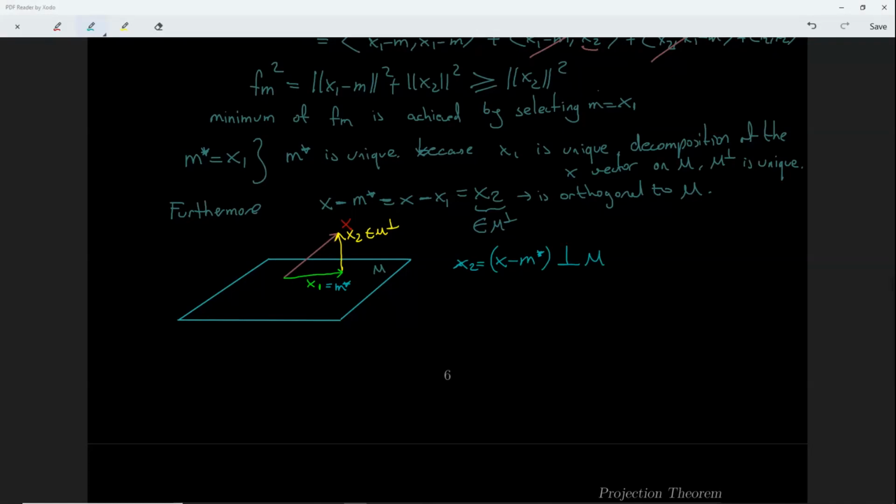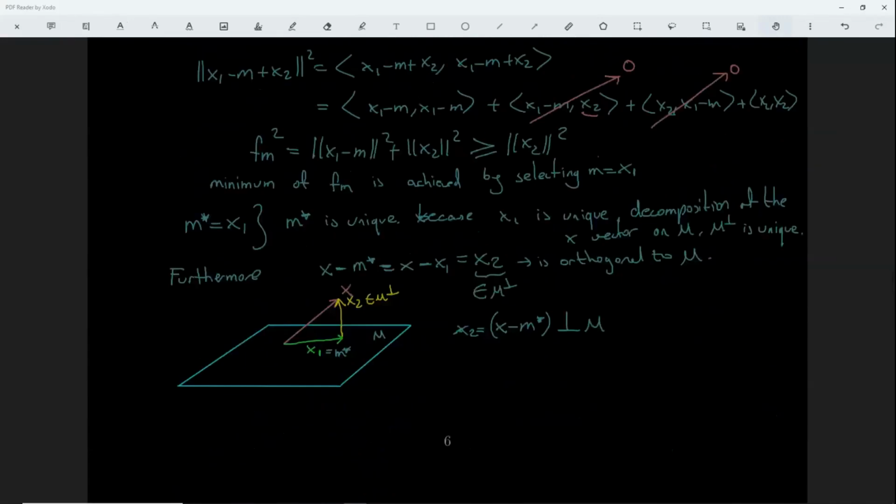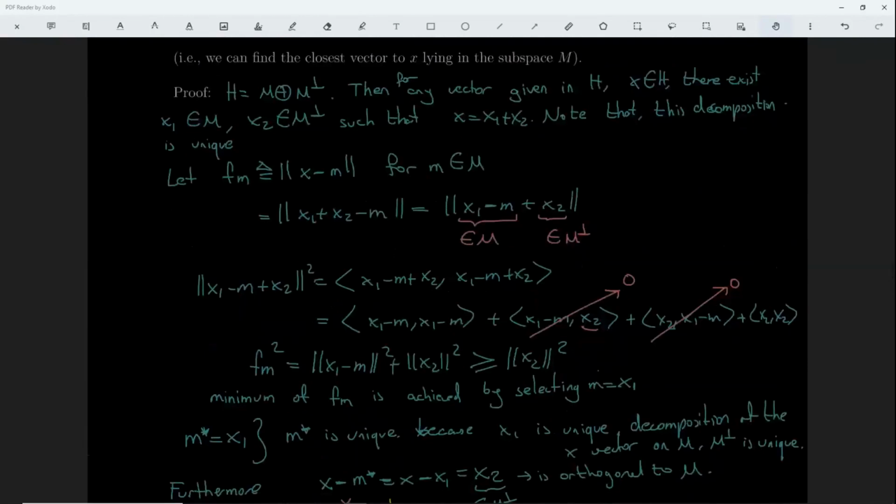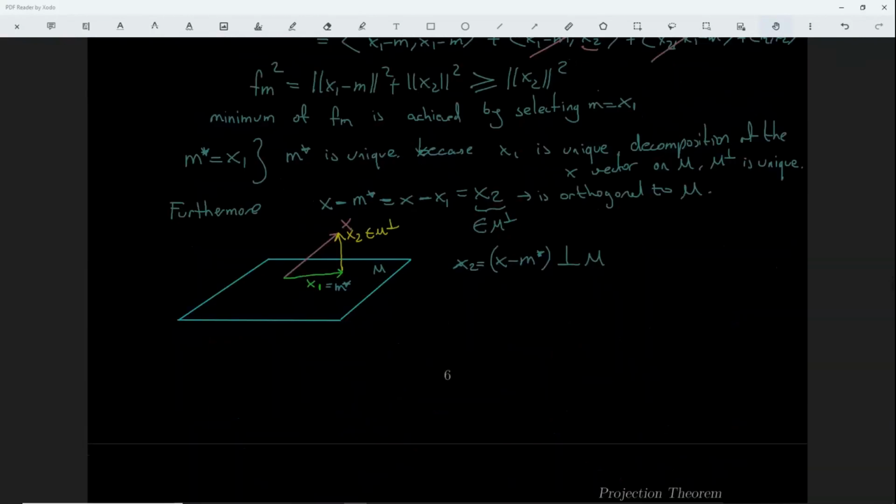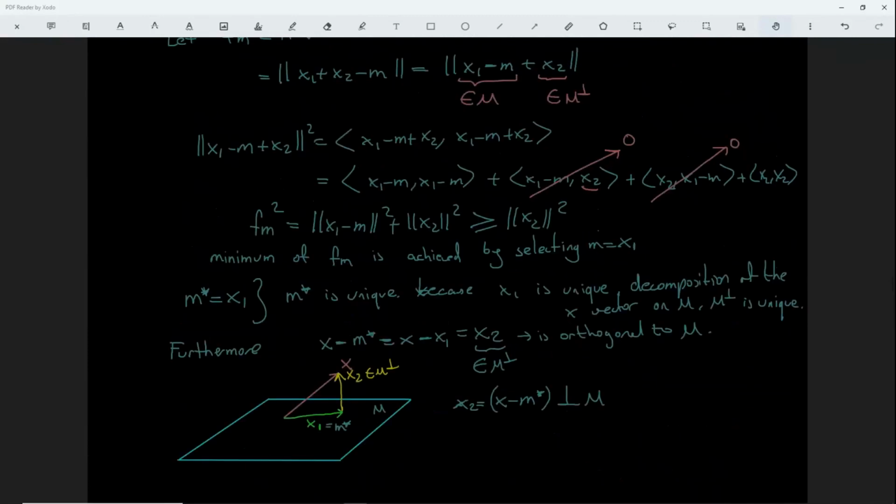And that's being claimed by the projection theorem. In our next lecture, we will talk once again about the projection theorem and see its applications. But before that, do you have any questions?